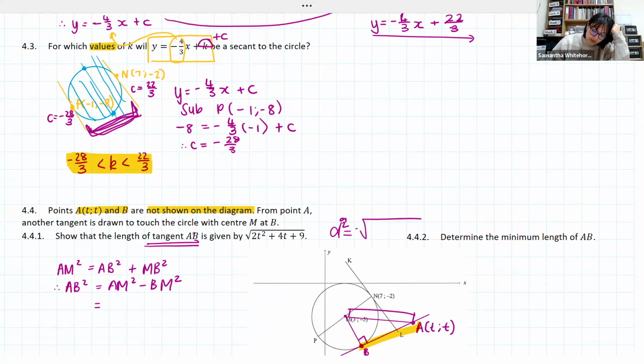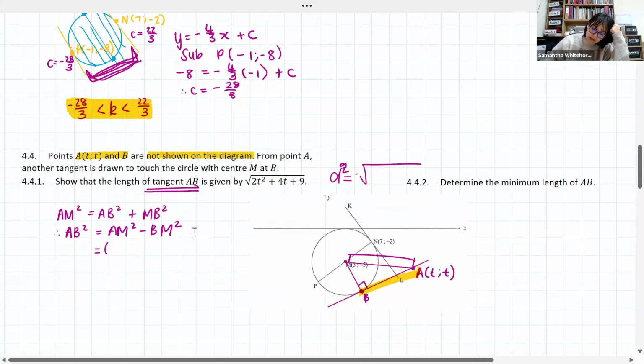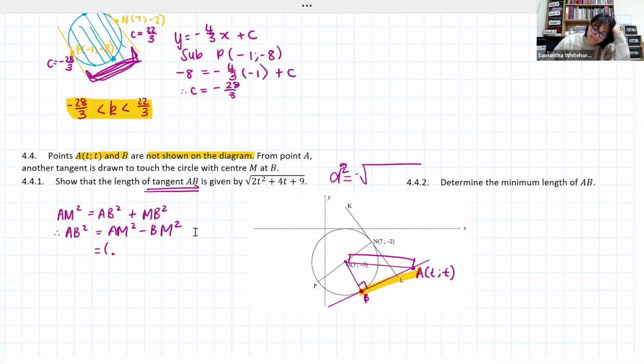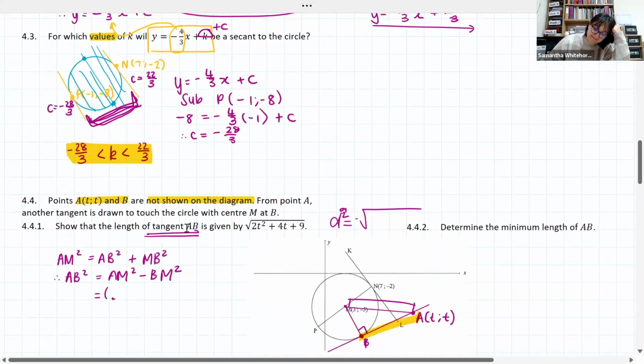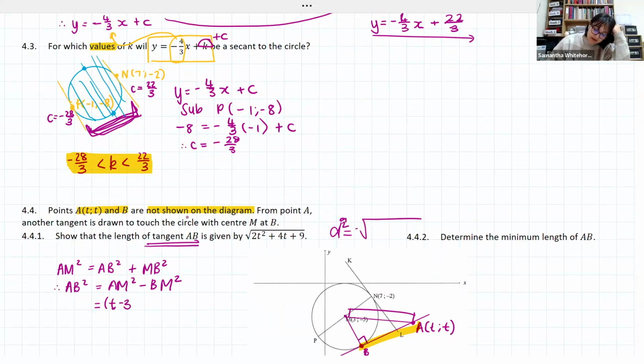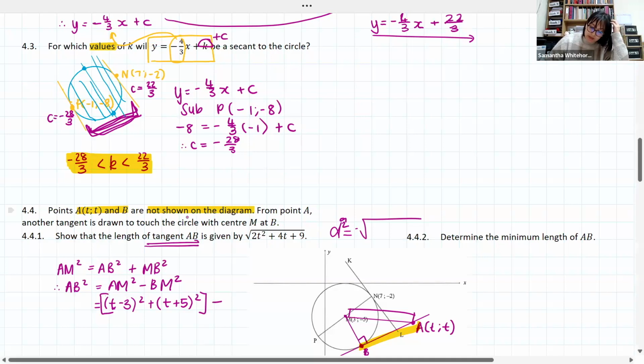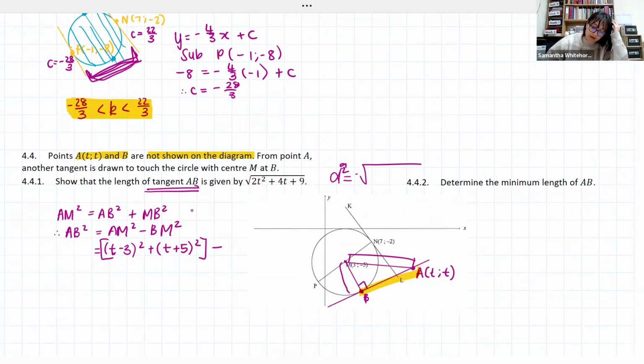So this would be equal to (t - 3) squared plus (t + 5) squared, because it's x1 minus x2 squared plus y1 minus y2 squared. So that's just AM squared minus, now BM, remember, is this length over here.